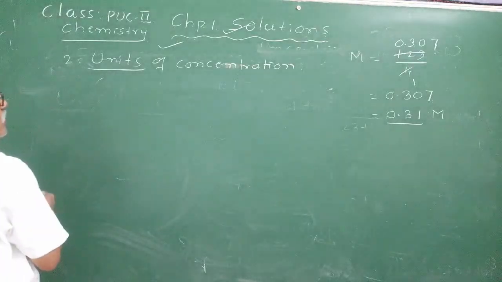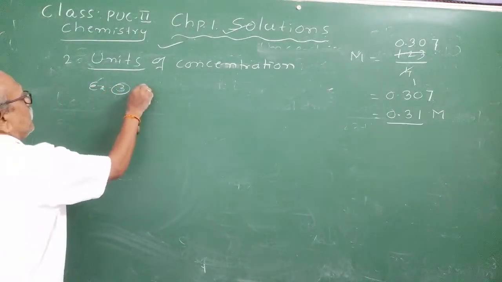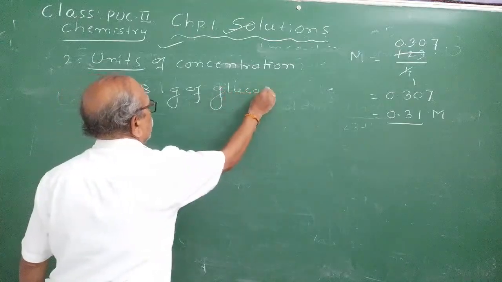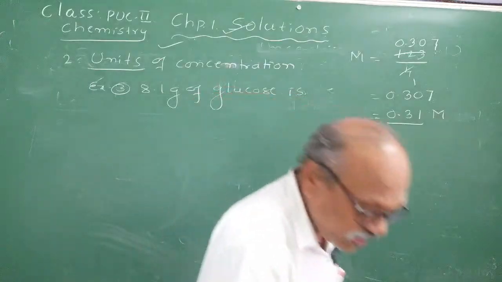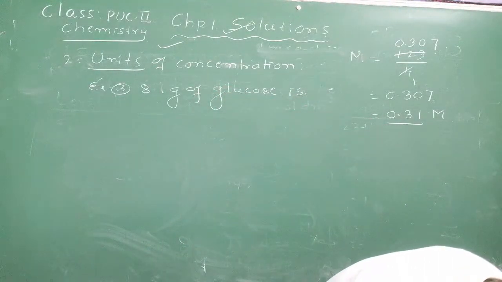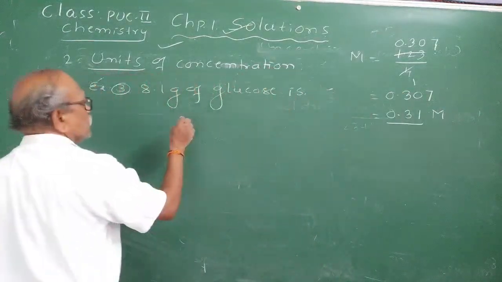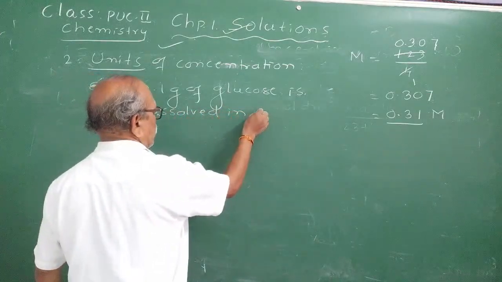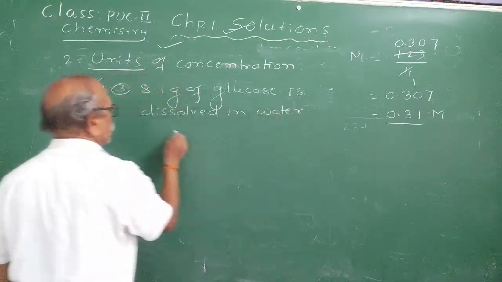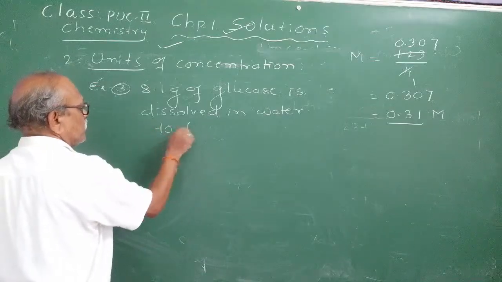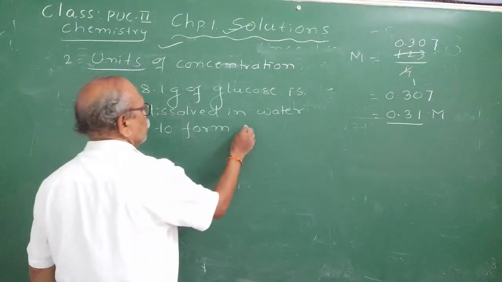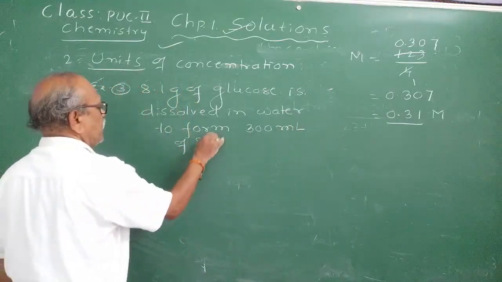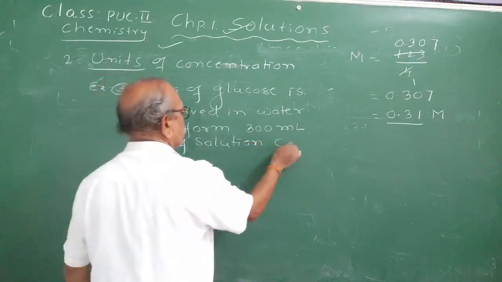Try the third example. 8.1 gram of glucose is dissolved in 60 gram of water to form 300 ml of solution. Calculate its molarity.